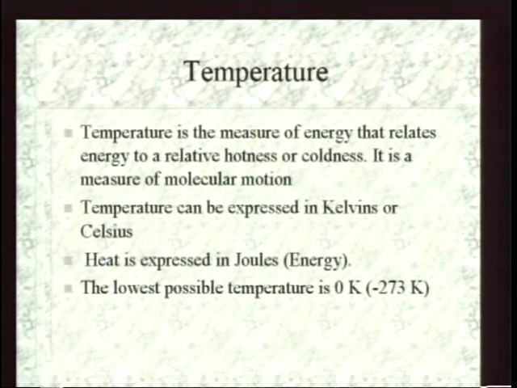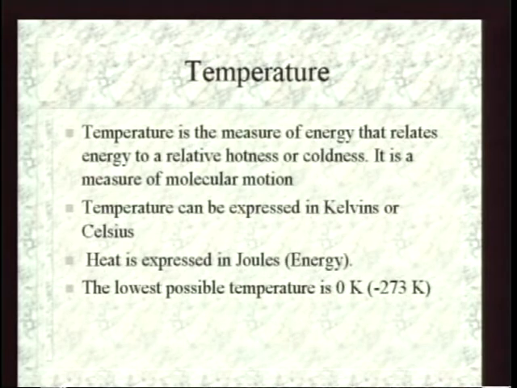Absolute temperature scale means that 0 is the lowest temperature, so you can never have a negative Kelvin temperature, while on the other temperature scales it can have a negative value. That should say negative 273 Celsius is 0 degrees Kelvin. 0 degrees Kelvin is minus 273 Celsius.